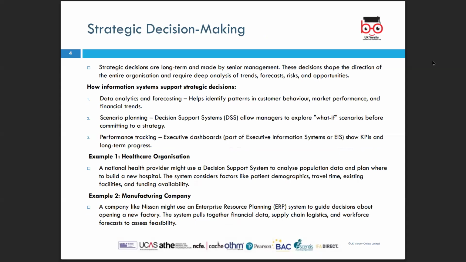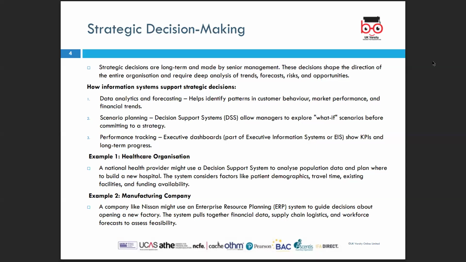Strategic decision making. These are mainly focusing on long-term decisions and they're mainly made by senior managers. So these decisions are meant to shape the direction of the entire organization, and this requires a deep analysis of trends, forecasts, risks, and opportunities.